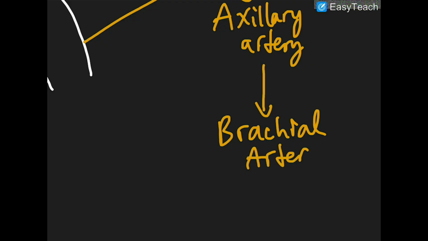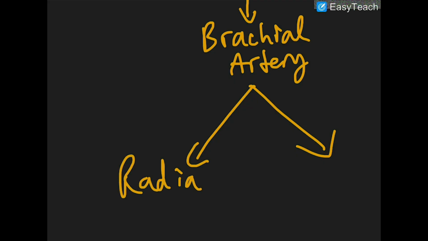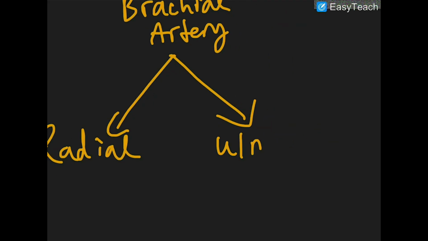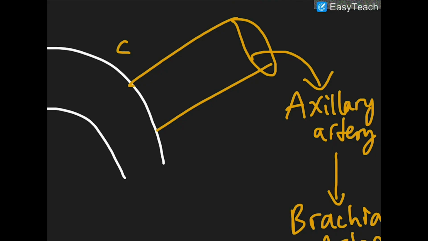Your brachial artery then branches into your radial artery and your ulnar artery. That's the general track when we're starting with your left subclavian artery.